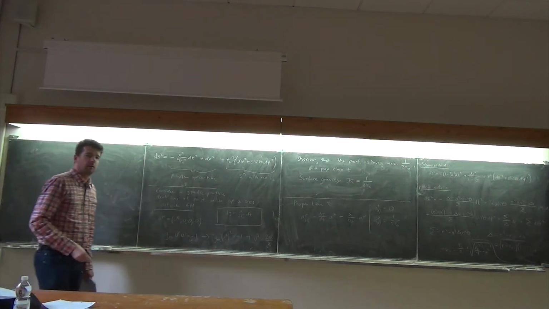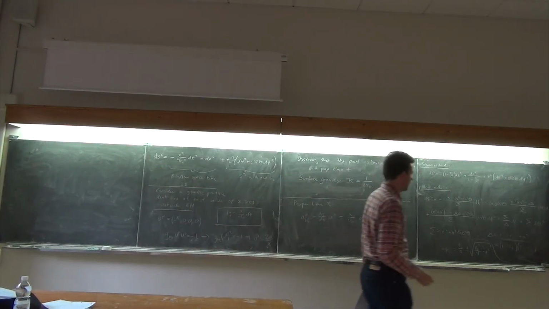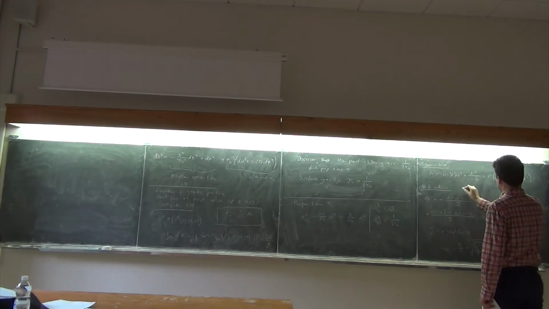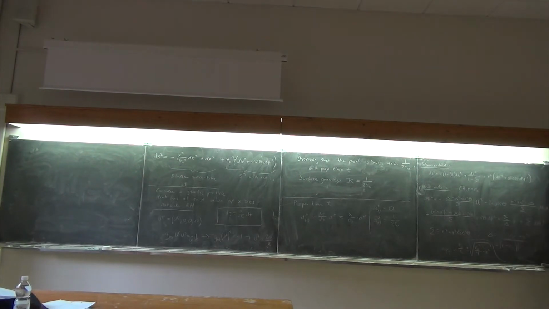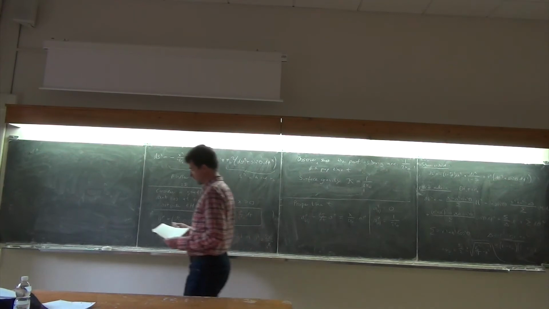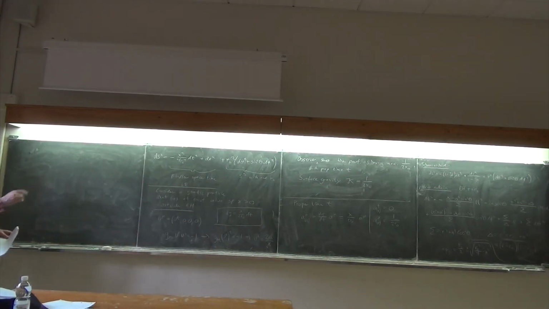For the Kerr black hole, there are R plus and R minus. Yes, the event horizon is at R plus, the bigger one, so I will take R plus. But I will come back to the Kerr black hole.